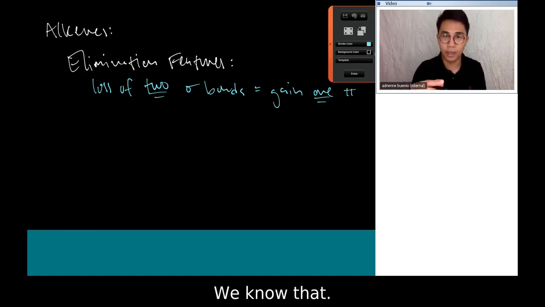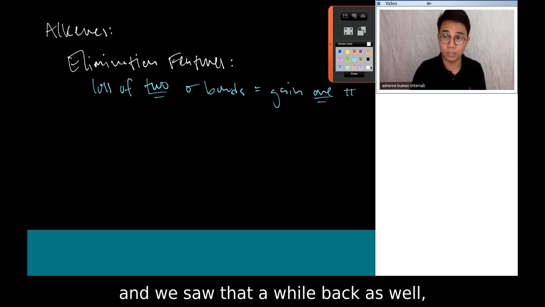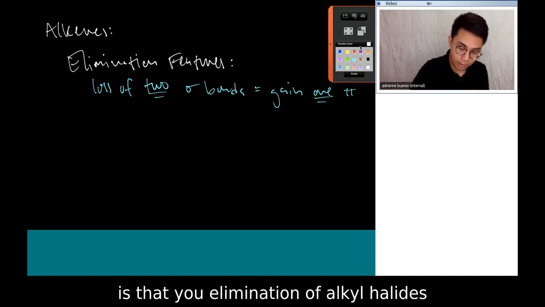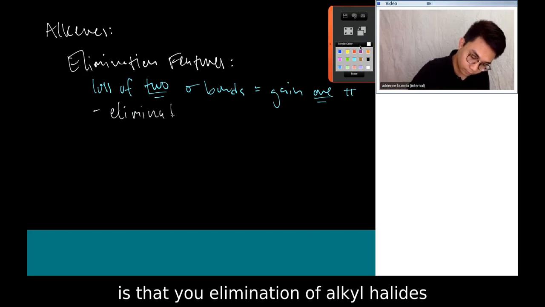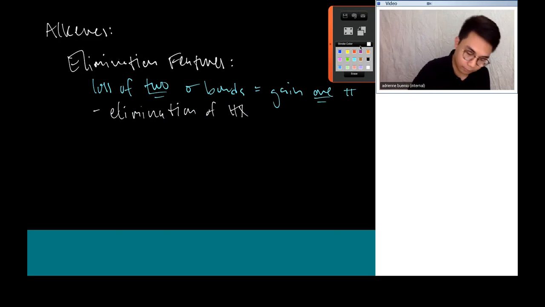We know that. And just a couple examples of elimination reactions, which we saw a while back as well: elimination of alkyl halide and dehydrohalogenation, which is pretty much the same thing.